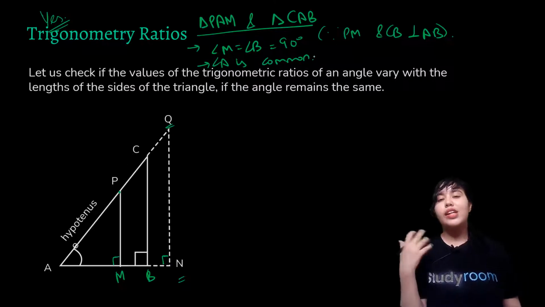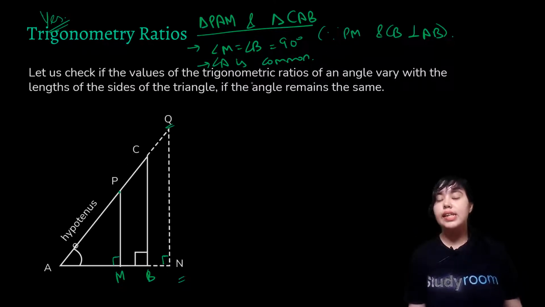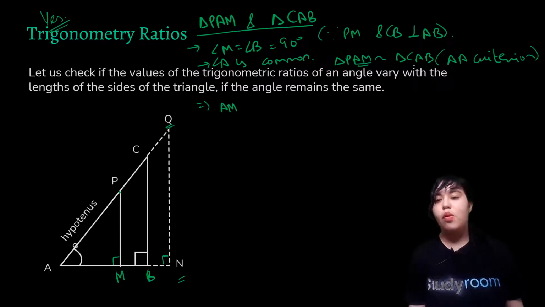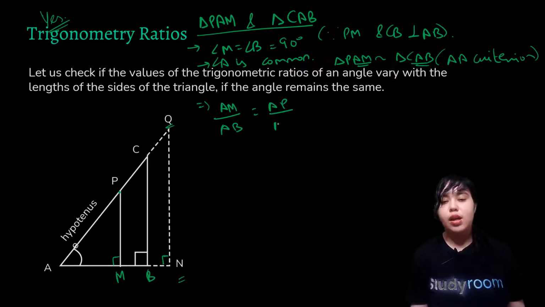So if I can prove any two corresponding angles of two triangles equal, I can say that those two triangles are similar. By which similarity criterion though? AA, which is also called AAA. Now if these two triangles are similar, what does it mean? That their corresponding sides would be in the same ratio. So that means AM upon AB is equal to AP upon AC is equal to MP upon BC.